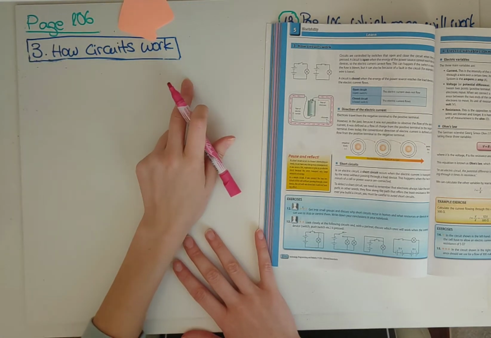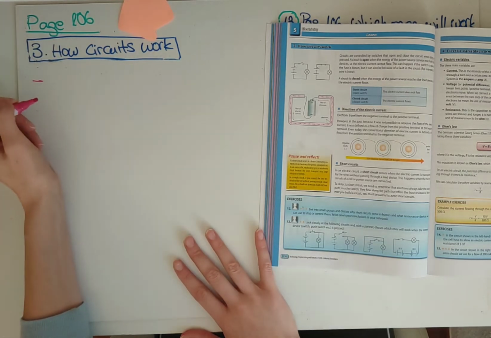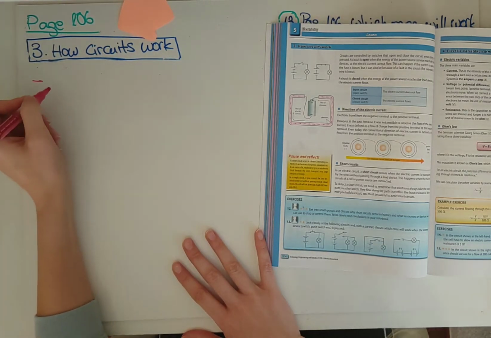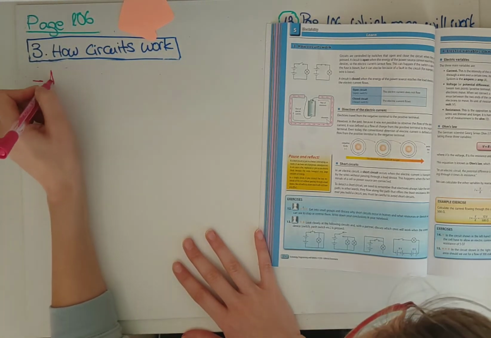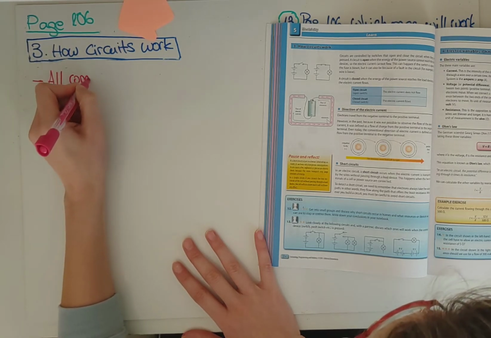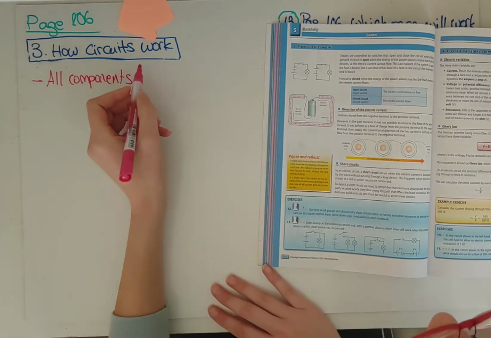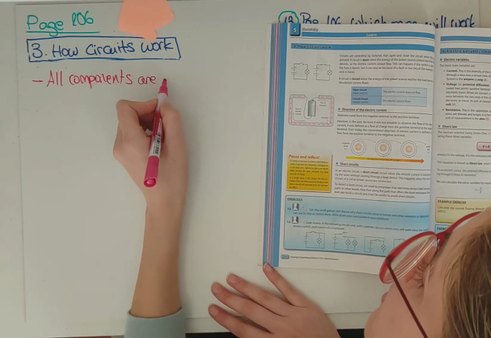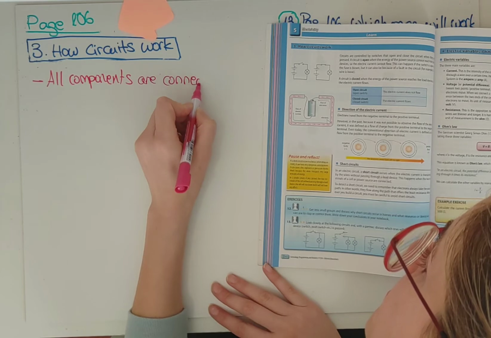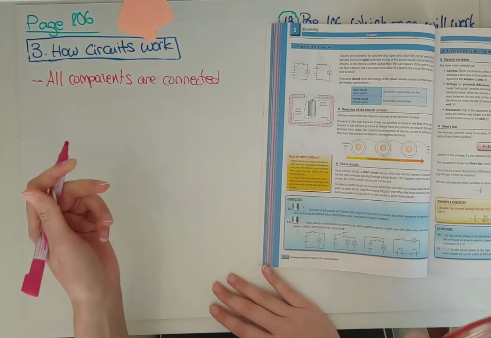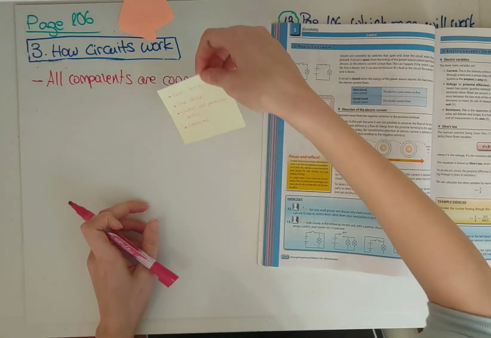How do circuits work? They work when they are complete. I mean, all components are connected. Which components?